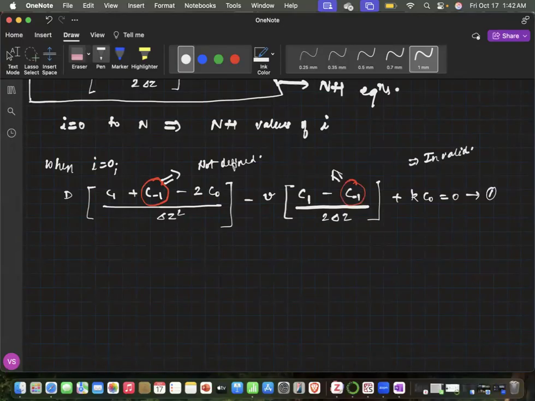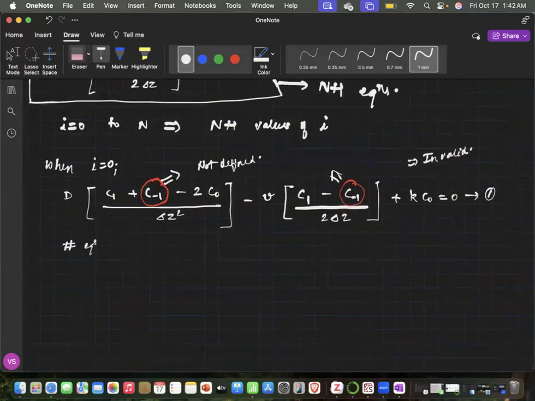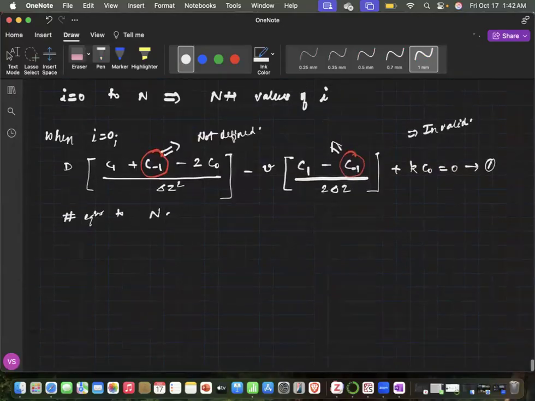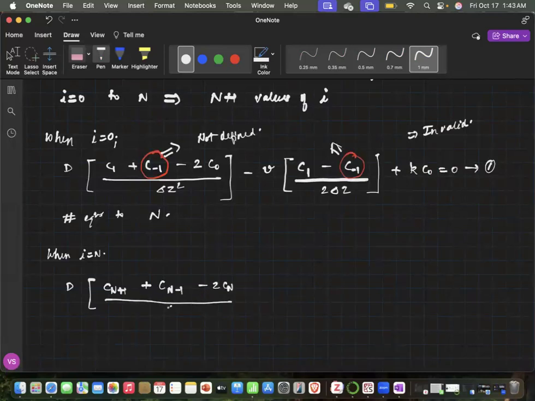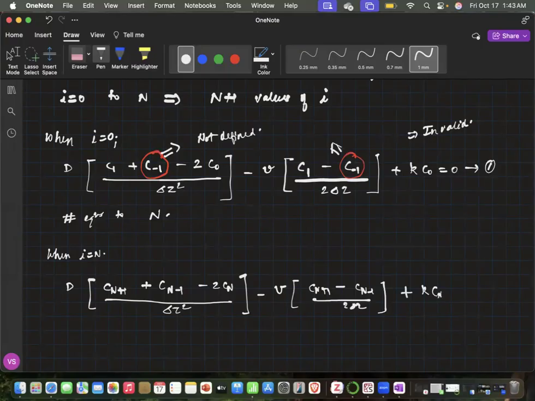So that reduces our number of equations to n, right? Now let's see the other boundary, which is i equals to n. When we do that, we see D times (Cn plus 1 plus Cn minus 1 minus 2Cn) over delta z squared, minus V times (Cn plus 1 minus Cn minus 1) over 2 delta z, plus KCn is equal to 0, right?